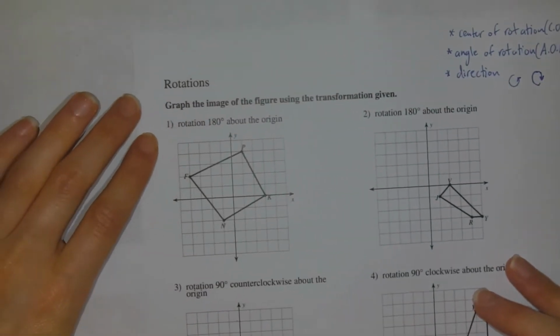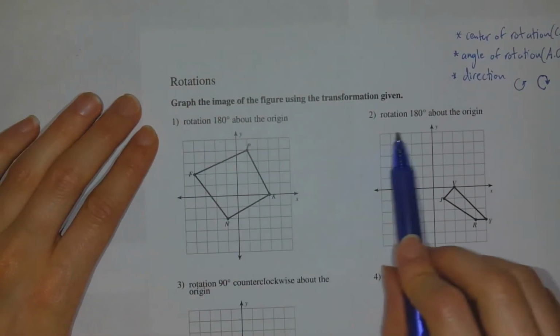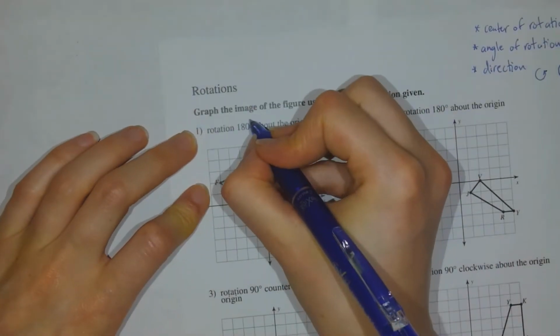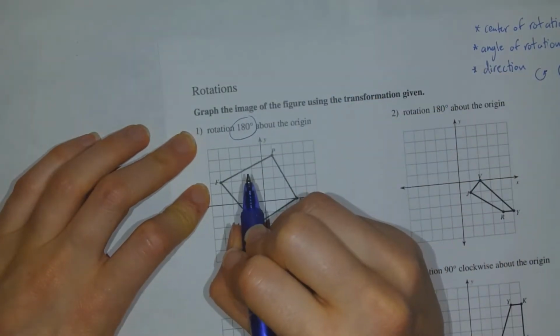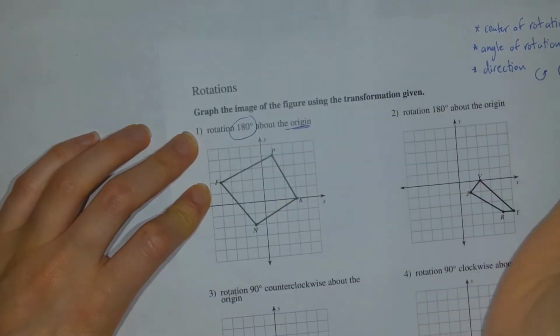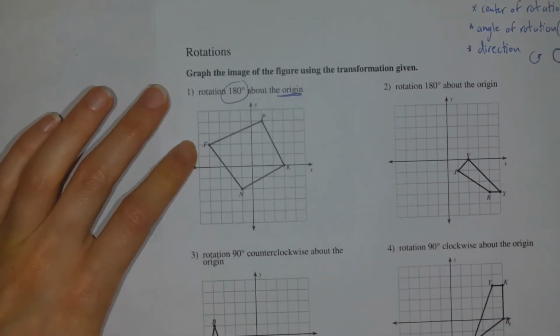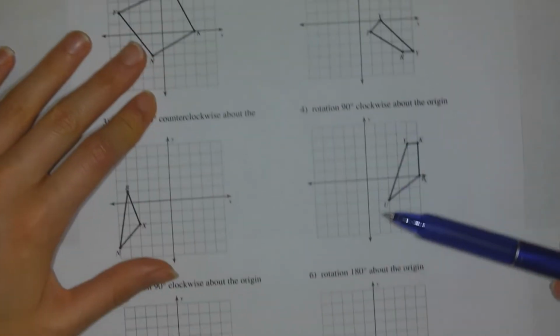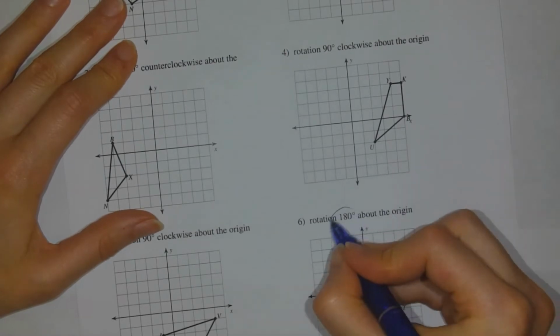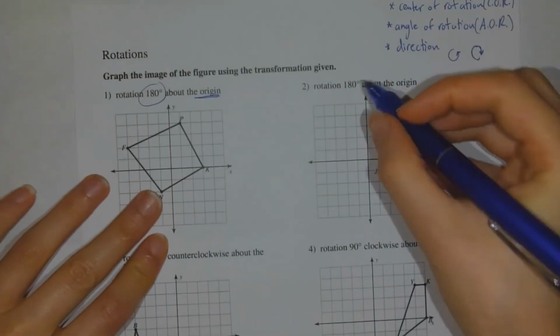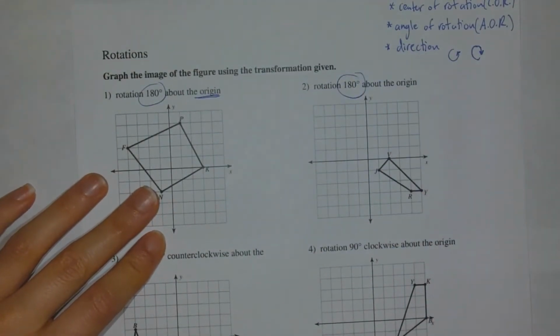Right off the bat, we can see that for number 1, number 2, and number 6, there is no direction. We have the angle and the center of rotation, but we do not have a direction. Why is that for these three? What do they have in common? They're all rotations of 180 degrees.